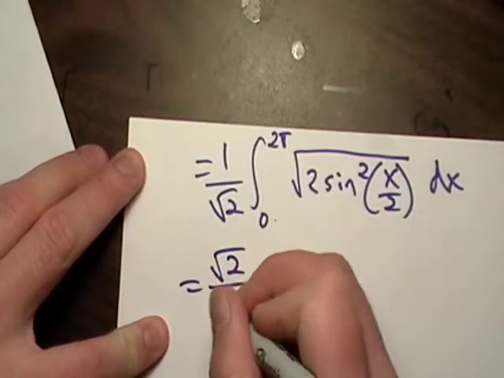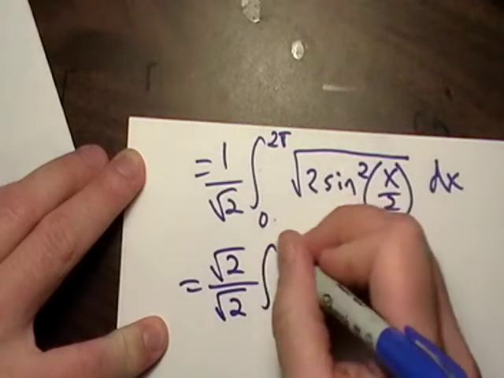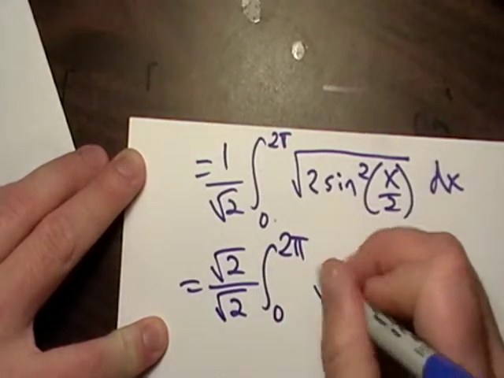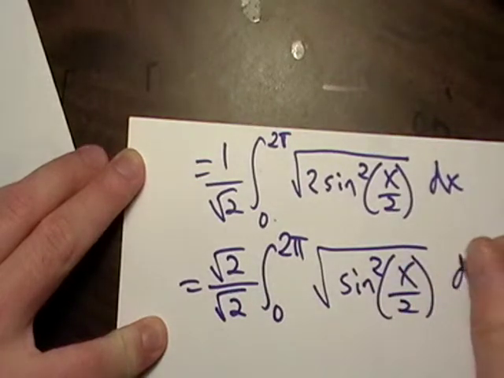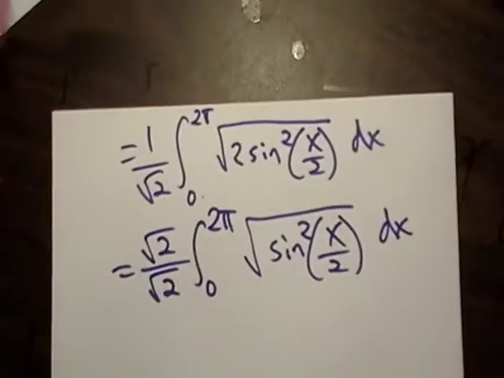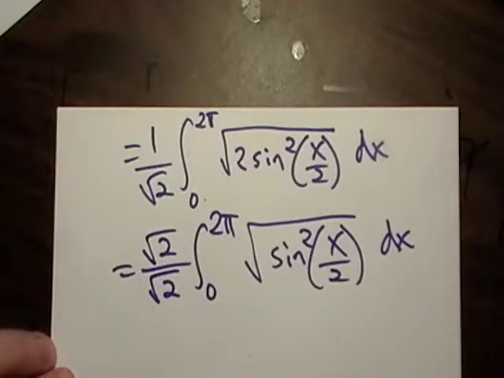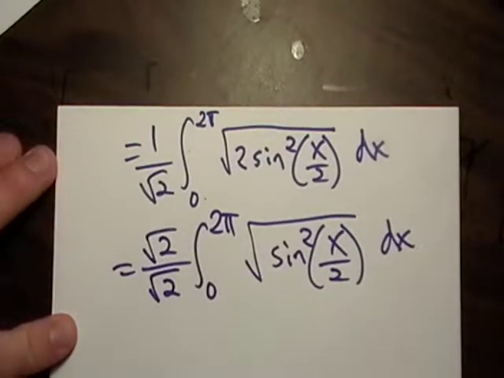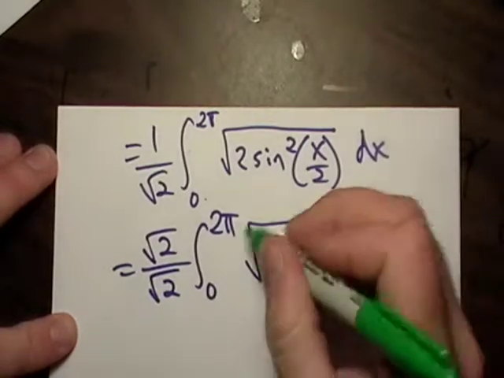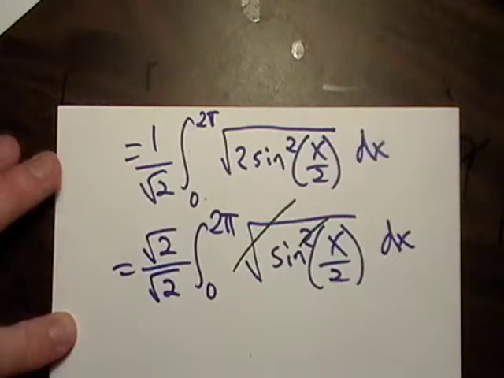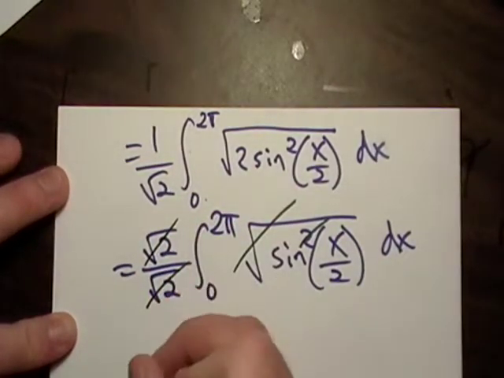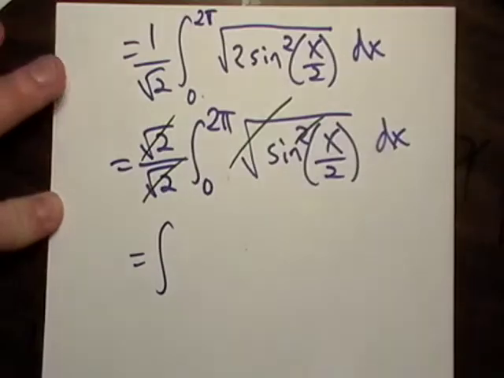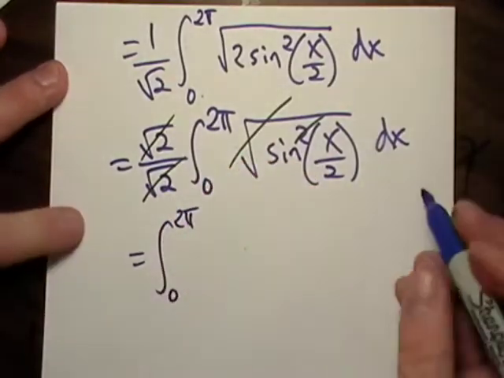We'll pull the square root of 2 out, and then we're left with sine squared x over 2 dx. And that looks pretty good so far. Remember that essentially the radical and the square are going to cancel out, and so is this. This is just 1. So that's going to give us 0 to 2 pi.